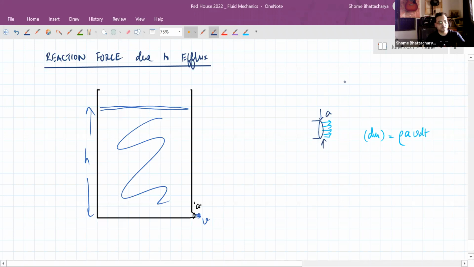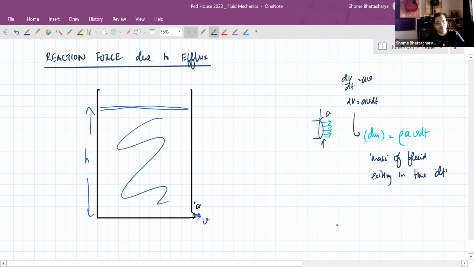Because basically volume rate of flow is A into v. So it's the mass of liquid exiting in time dt.